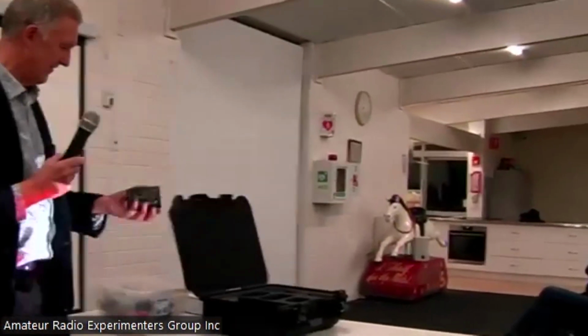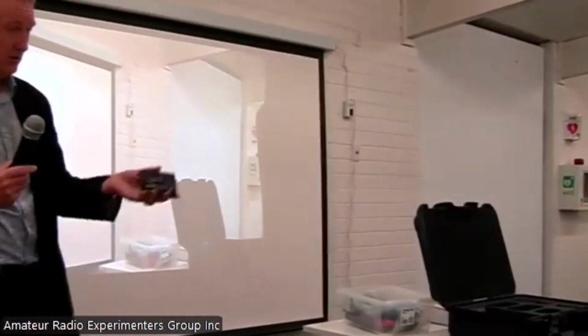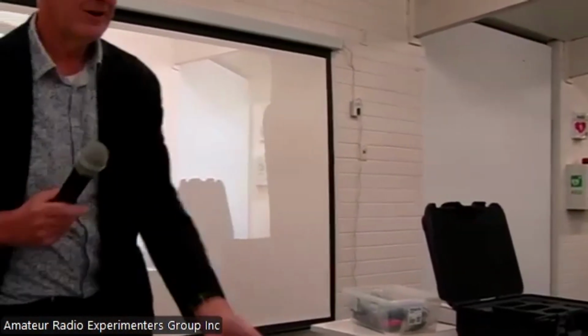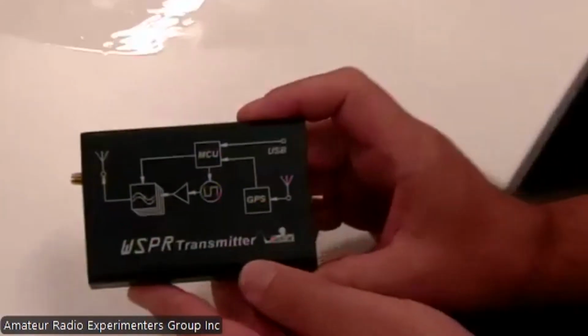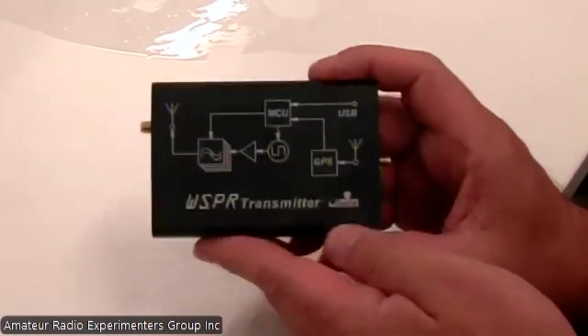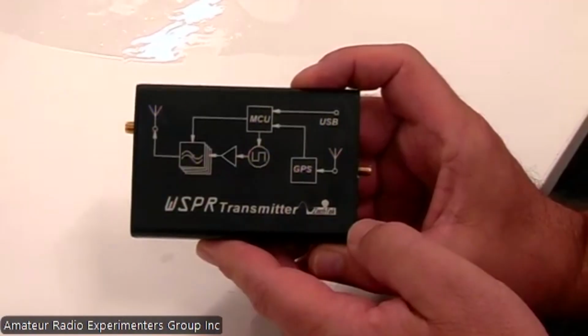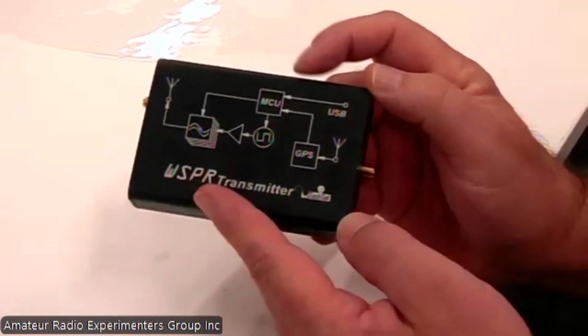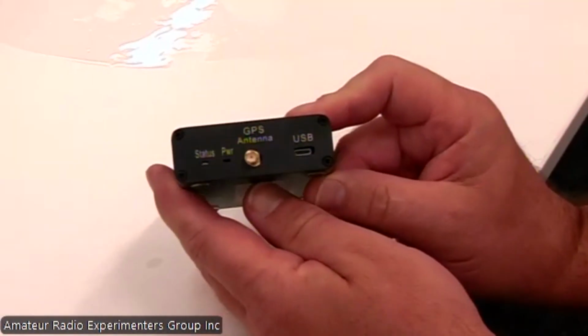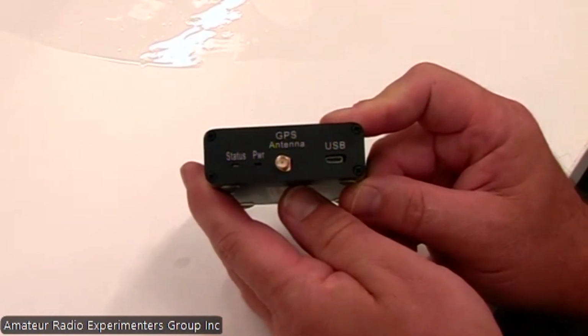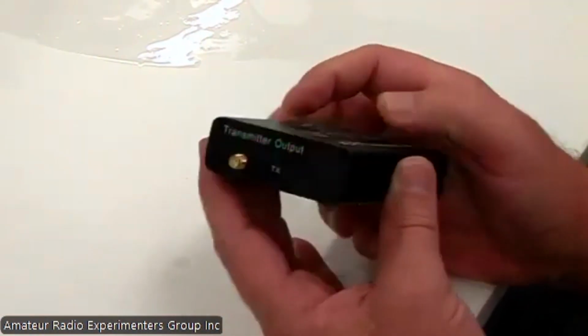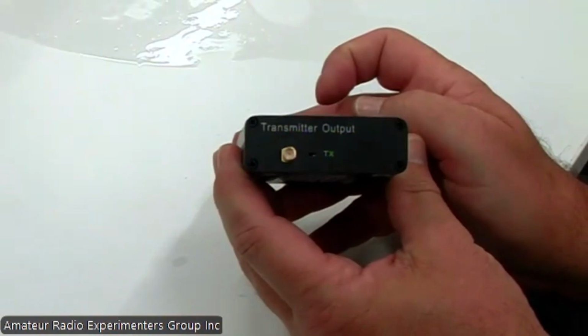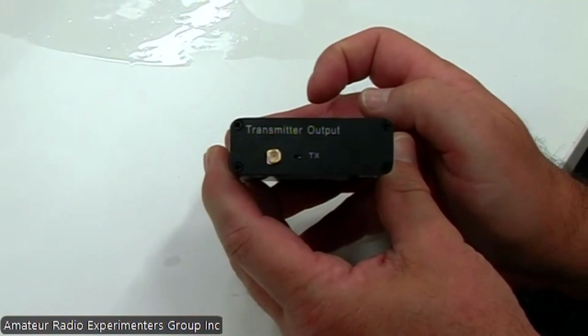Then we come down to our specialist ones. So this is a whisper transmitter that does all your whisper frequencies. It's effectively an ESP32 that's being run, exciting its digital ports up to 30 megahertz.